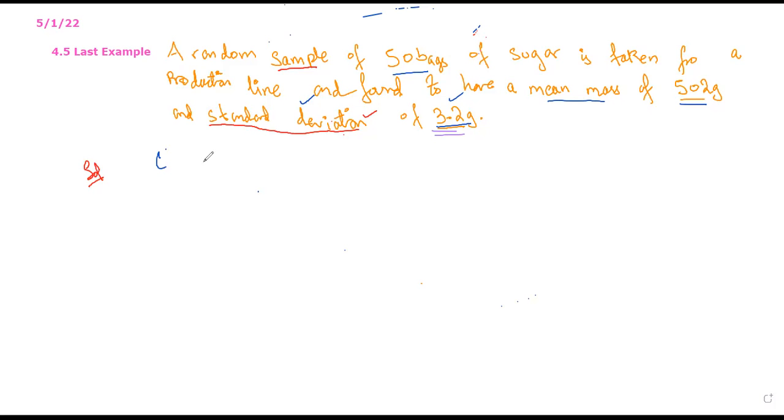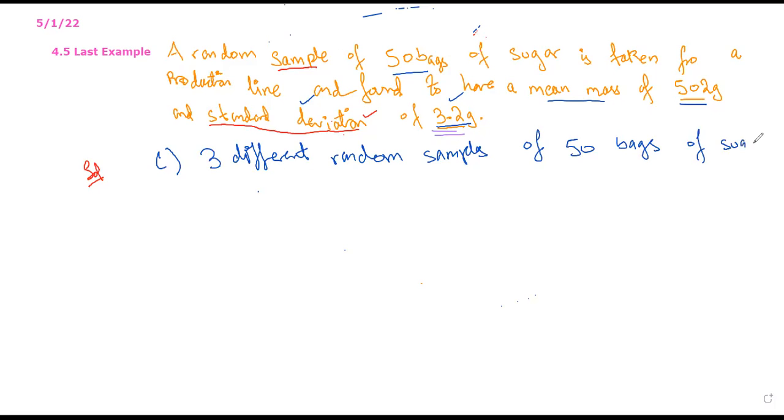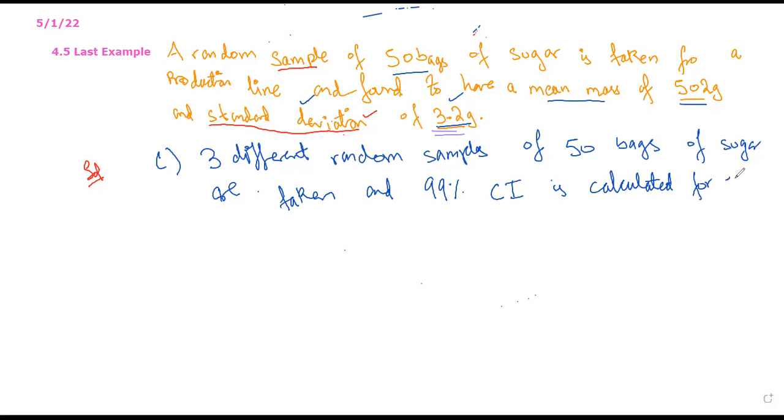It says: 3 different random samples of 50 bags of sugar are taken and a 99% confidence interval is calculated for each.